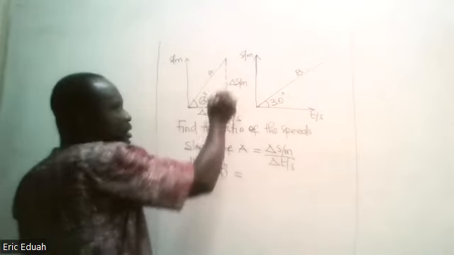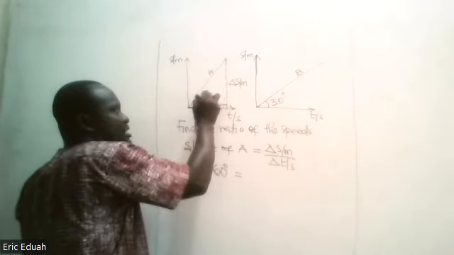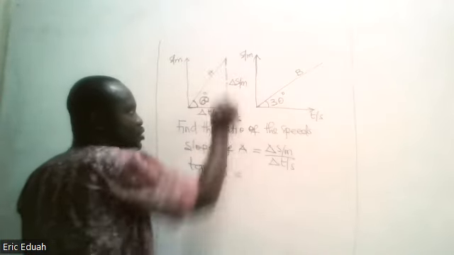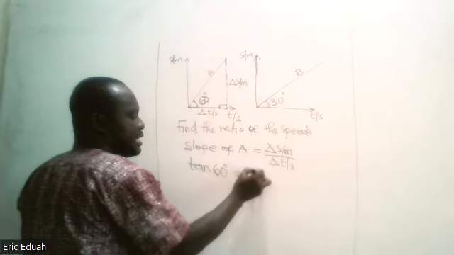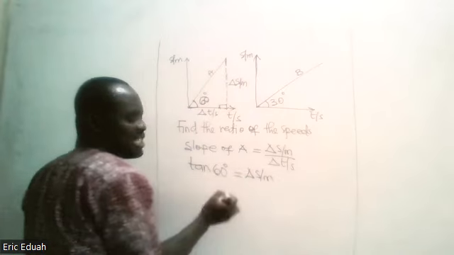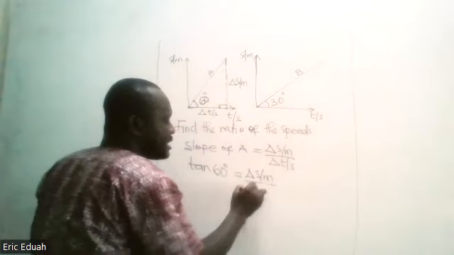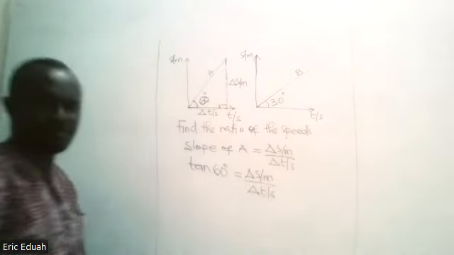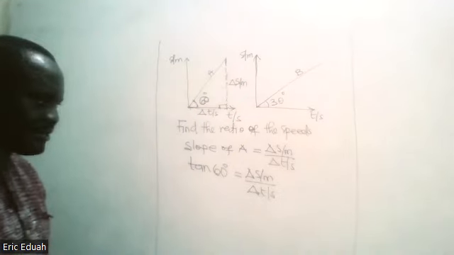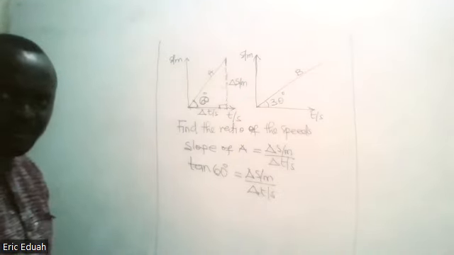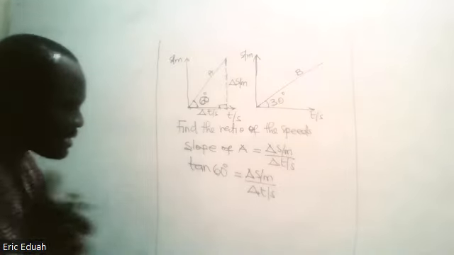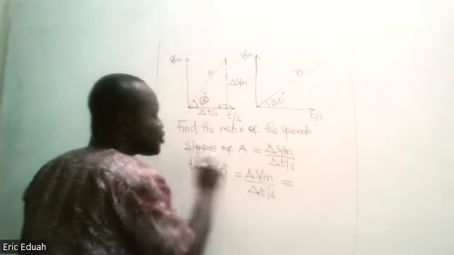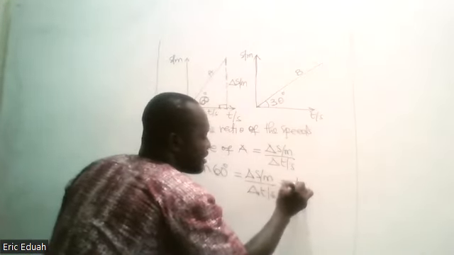So when we take the tangent of this angle 60, tan is opposite over adjacent. So this is also equal to the change in the vertical, which is the displacement, over the change in the horizontal, which is time. Isn't it? Yes, it is. What it therefore means is that tan 60 is equal to the slope of A.